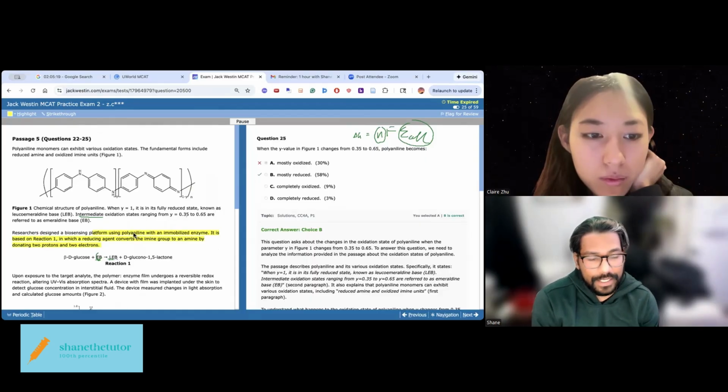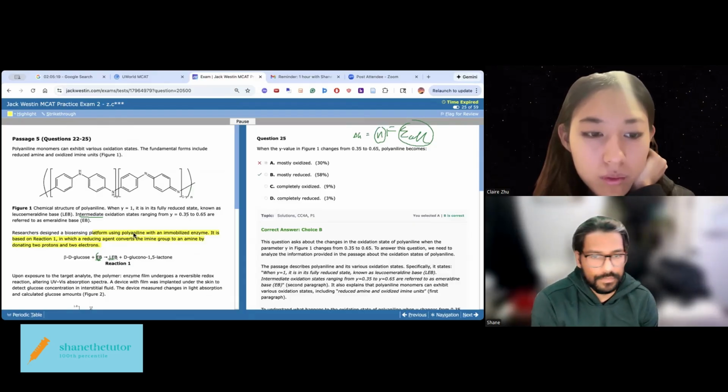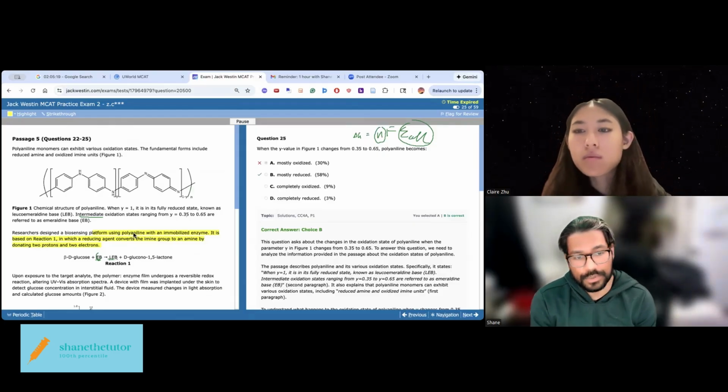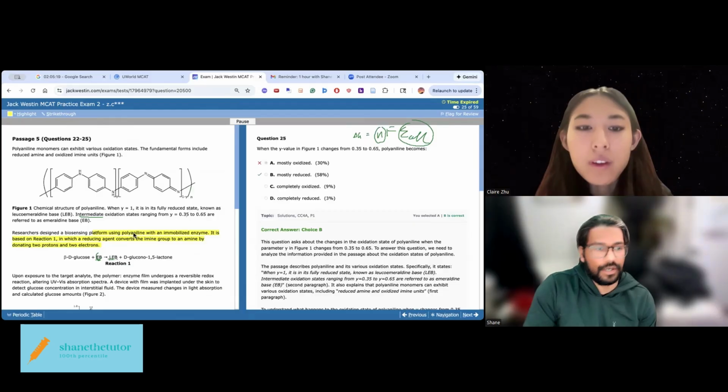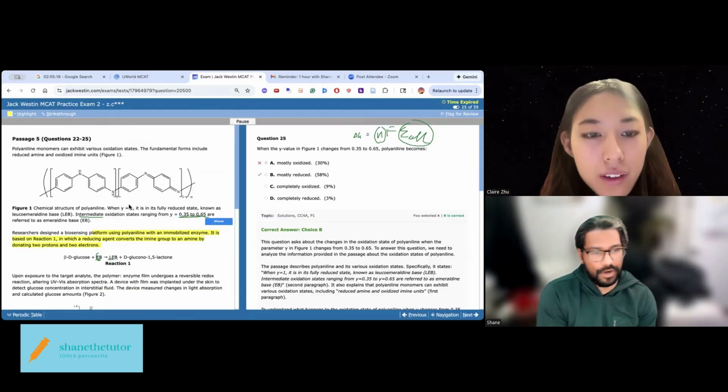So at EB, it's partially either oxidized or reduced. So that's connected to this part.